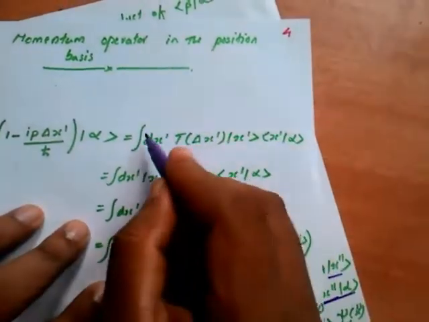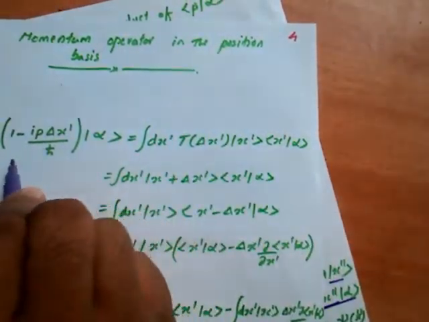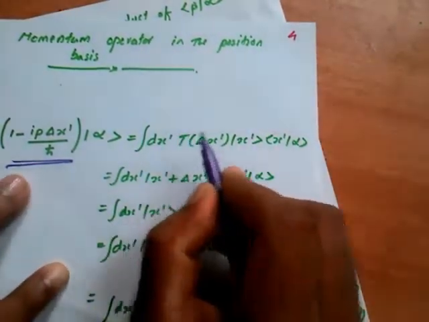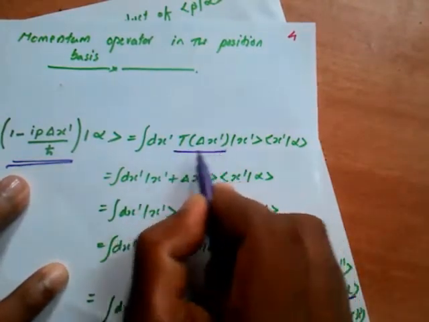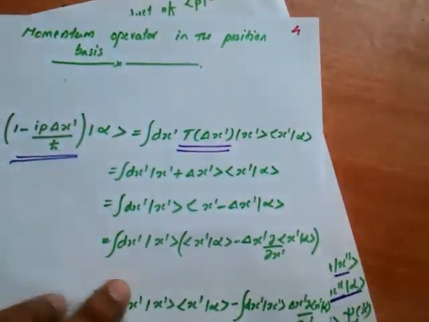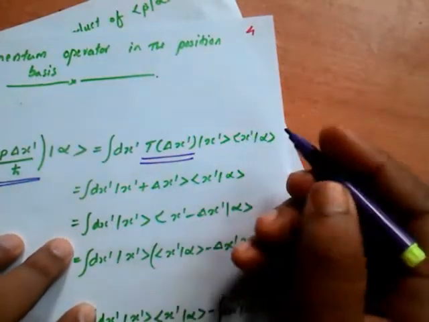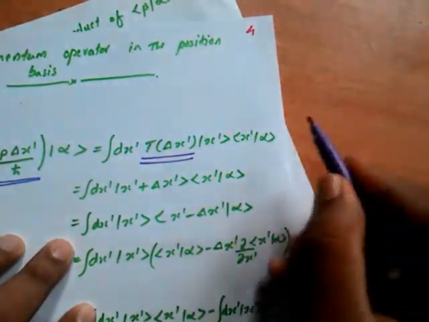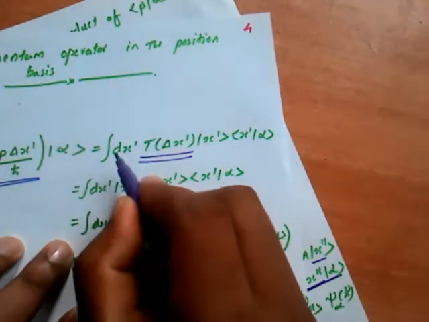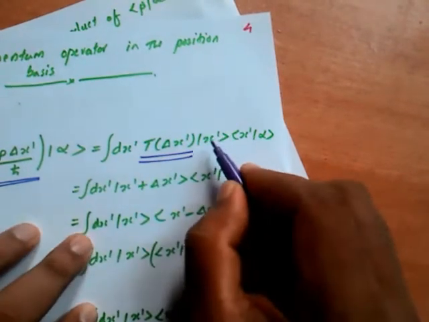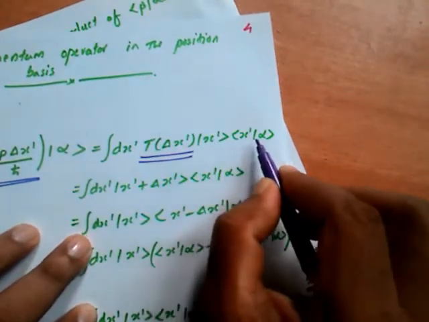That is equal to integral dx dash. This infinitesimal translation operator we can write as T of delta x dash, and alpha we can write as integral dx dash outer product of x dash alpha.